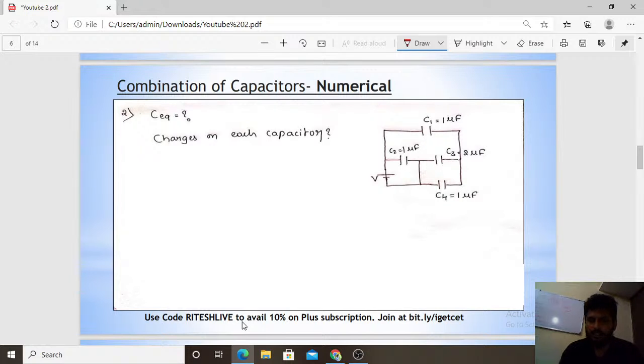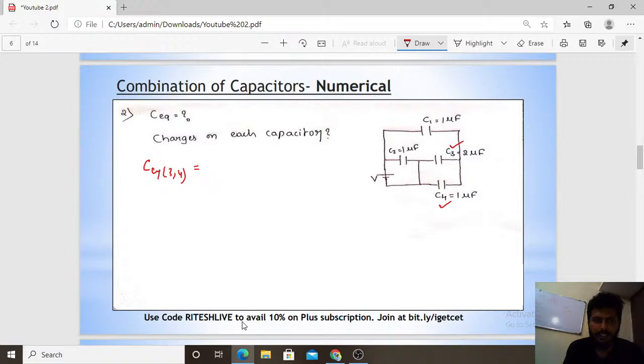Yes, you know the formula for C equivalent for series and for parallel capacitors, right? So for C equivalent, which one will we take? Take C3 and C4 and tell me the answer. For C3 and C4, C equivalent will be what? Is that series or parallel?